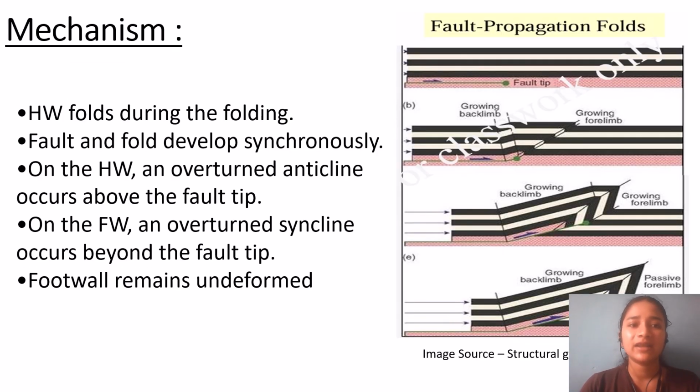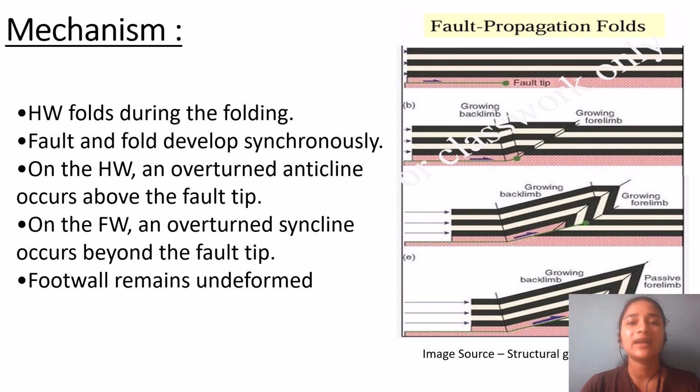Now coming to mechanism, this slide explains how fault propagation folds evolve over time. First, the hanging wall folds as it's pushed by the underlying fault movement. The fault and the fold form at the same time, so their development is synchronized.